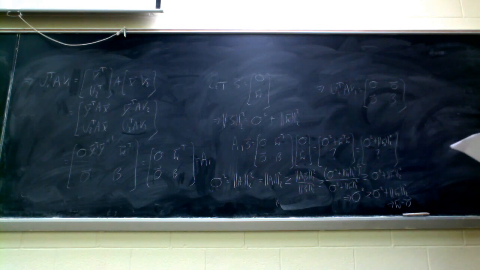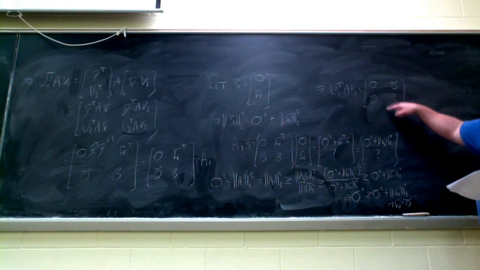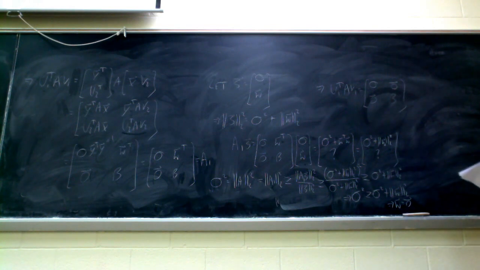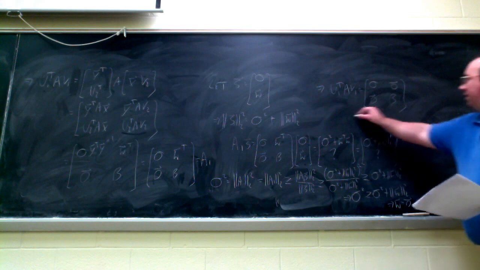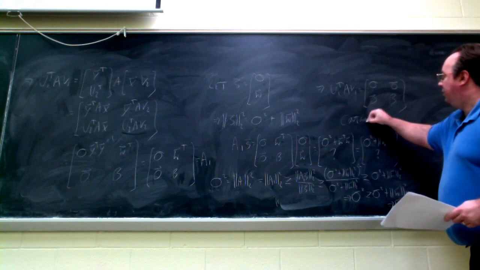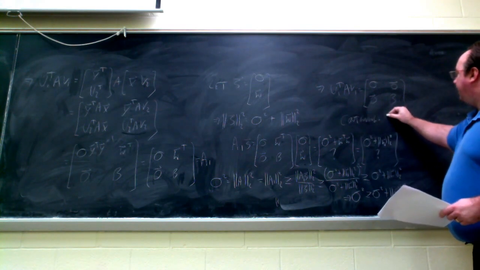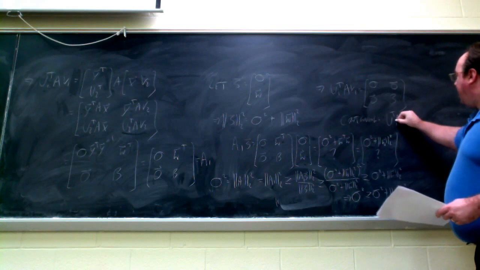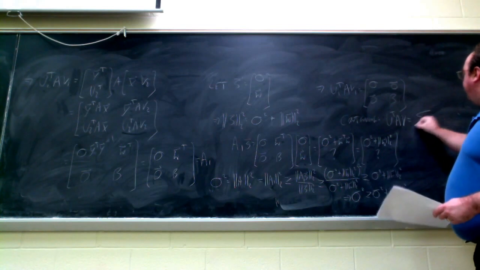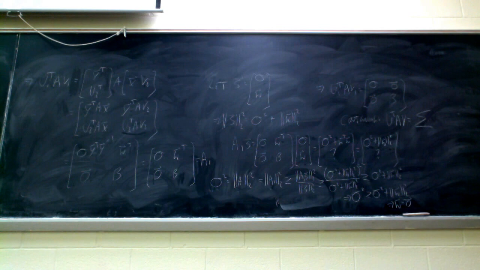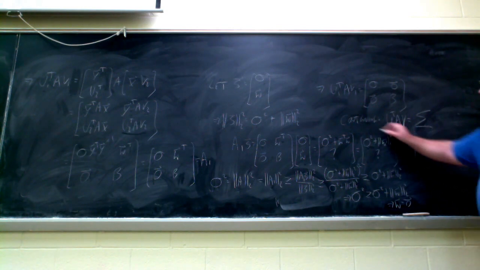So now what I can do is go to work on B and do the same thing. Find a vector that gives me the 2 norm of B and keep whittling away. By continuing this process, I get U transpose A V is equal to this matrix sigma that is a diagonal matrix.